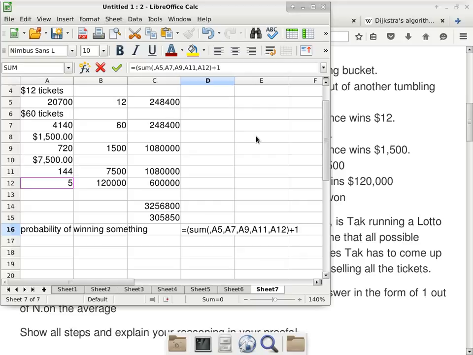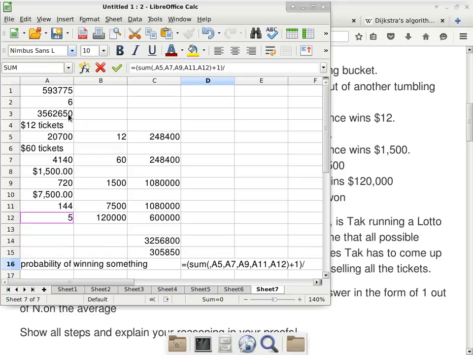But this is the total number of winning tickets. Then you have to divide it by the total number of possible tickets to give you the probability, because these are the discrete individual ones that are winning. You have to divide by the total number of tickets, which is this number here.